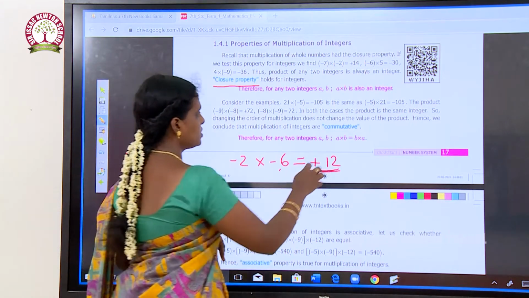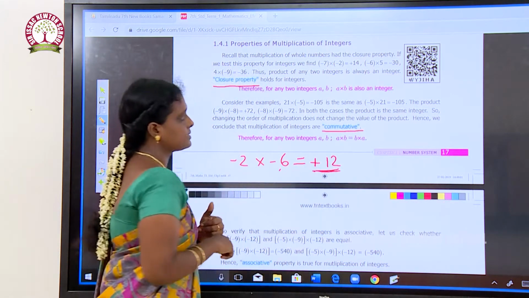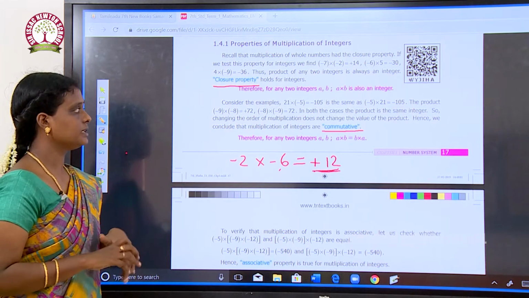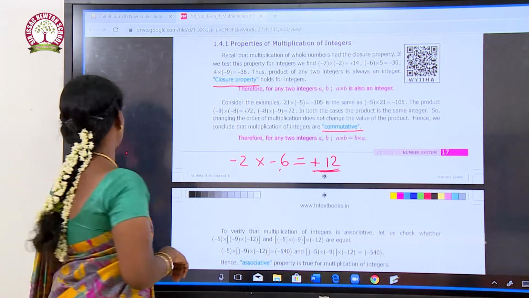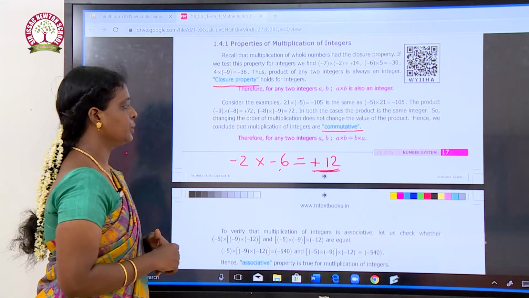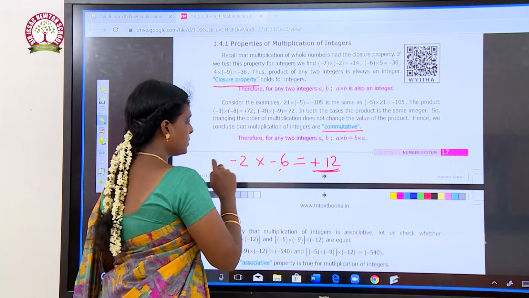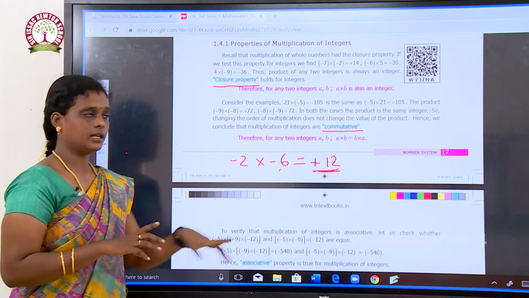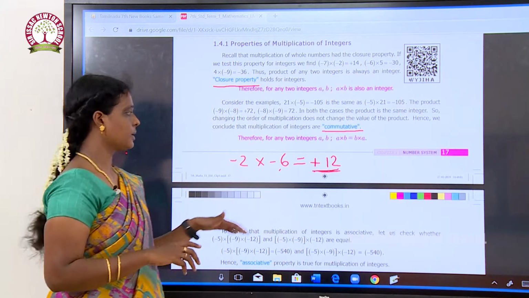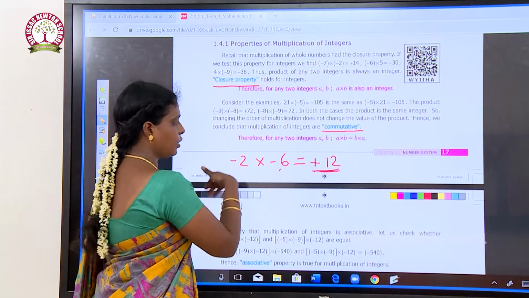property is the commutative property. The second property is the commutative property. This is also an easy one. We will continue with the same example. What is minus 2 into minus 6? It's 12, right? What I am going to do is change the order of the numbers.